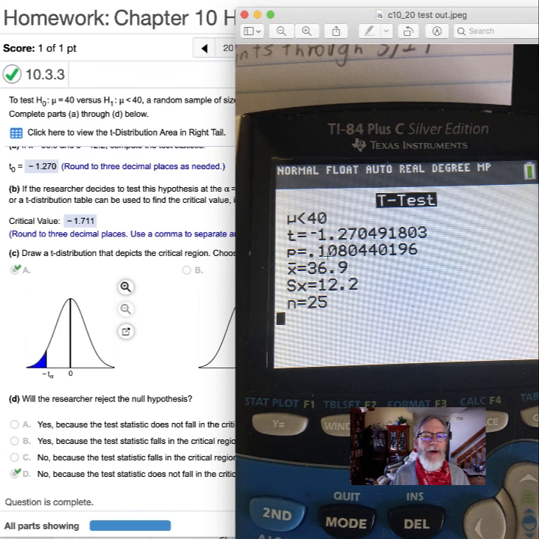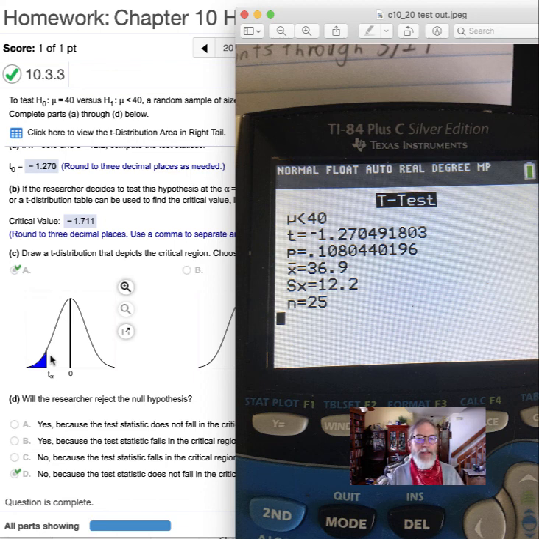But P was 0.108. If you think about this, we have a line drawn up here at negative 1.270. This area is bigger, about 10%, 0.108. So again, we would not reject.